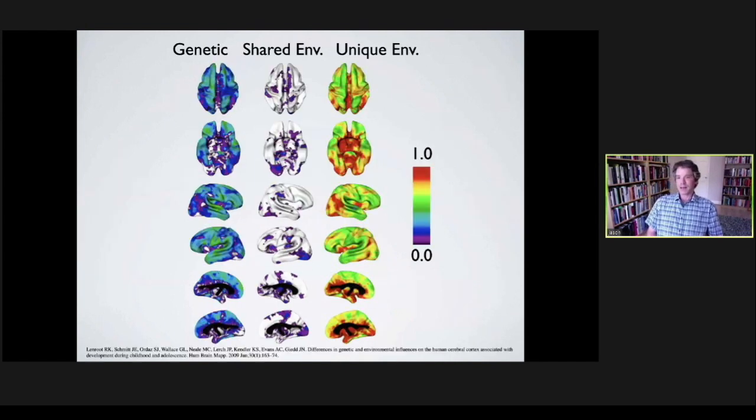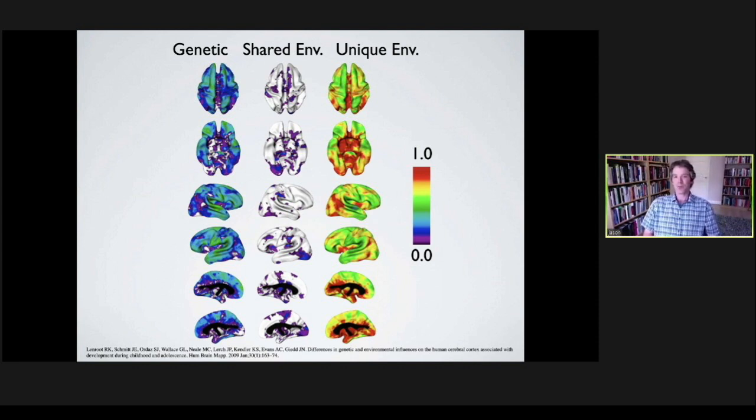So the first way to look at it is from human twin studies. This here is an older study, and there have been more updated ones since then, looking at the decomposition of variance from twins, either monozygotic or dizygotic twins. Doing so, you can divide the variance into that contributed by genetics on the left side, from shared environment in the middle, and from unique environment on the right.